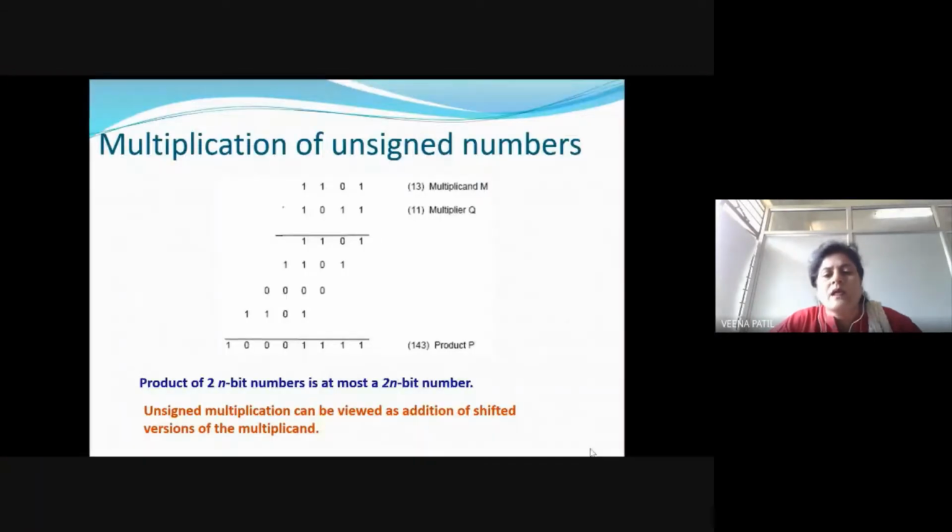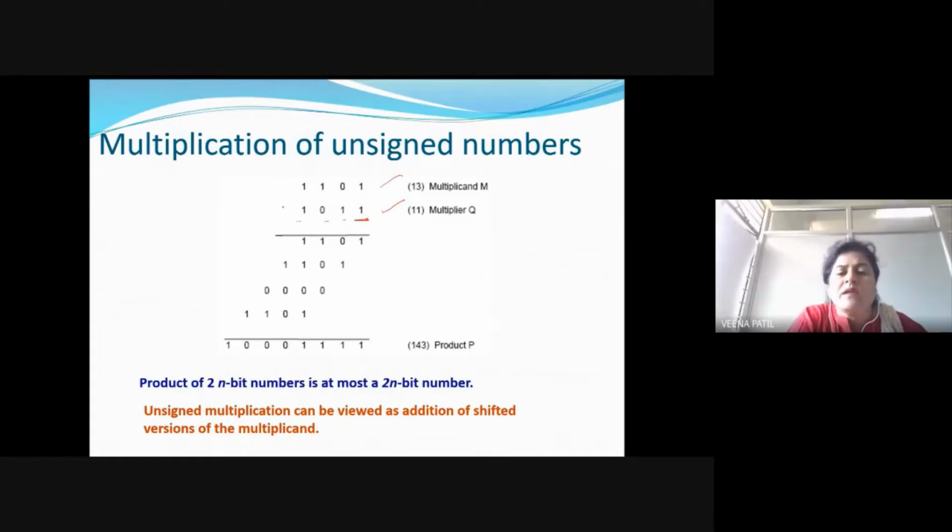Okay. Now the same technique we will be using here. Two numbers are there, 13 and 11, and I am going to perform bit by bit. 13 is called the multiplicand and 11 is called the multiplier. I take the first bit, which is 1.